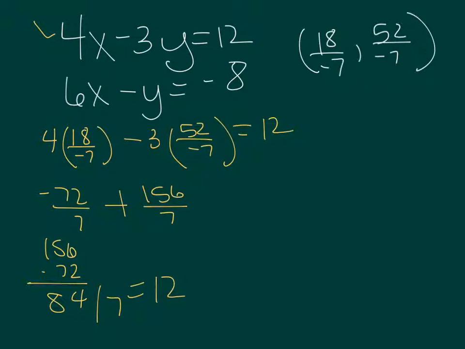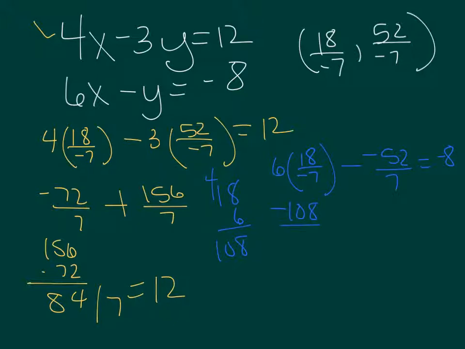All right, in the second equation, we have 6 times 18 over negative 7. And we have minus y, but y is negative, so that's going to be minus a negative 52 over 7. Does that equal negative 8? Well, 6 times 18 is, let's see, can't really do that one in my head. 108, so that's negative 108 over 7.